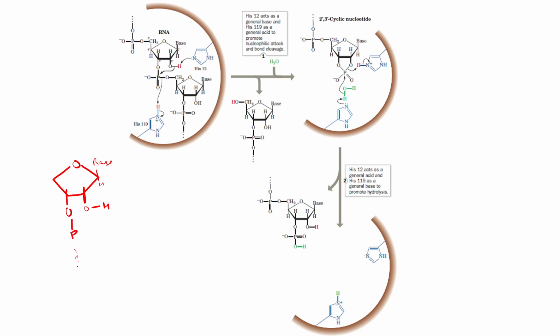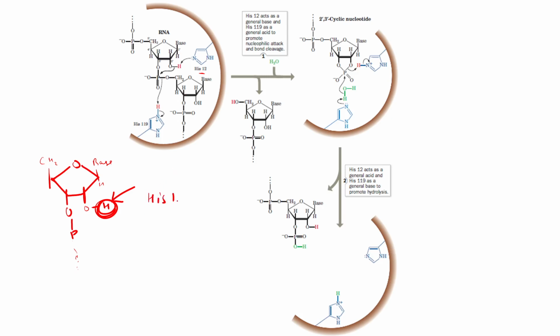So the rest of the structure, and here CH2, okay. So this hydrogen that is there, this proton, it is abstracted by the histidine 12 residue in the active site. Abstracted means histidine 12, since it is acting as a base, can take the proton. It is acting as a proton acceptor.